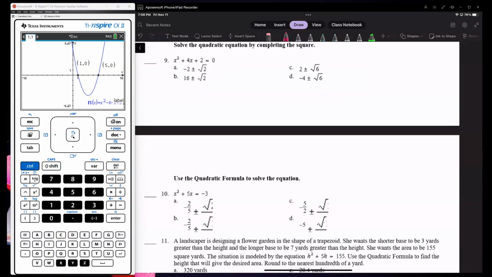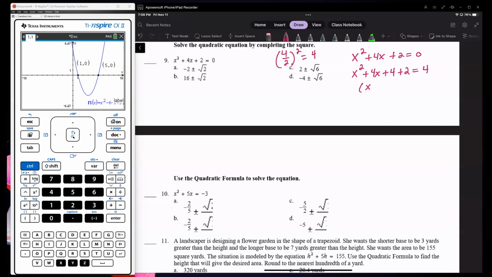I'm going to solve this by completing the square, because it says solve by completing the square. So I have x squared plus 4x plus 2 equals 0. You're going to get 4 divided by 2 and then squared. So 4 divided by 2 is 2. 2 squared is 4. So I have x squared plus 4x plus 4 plus 2 equals 0 plus 4, which is 4.